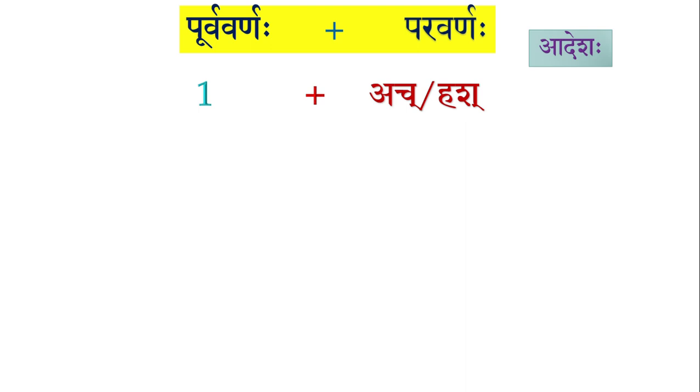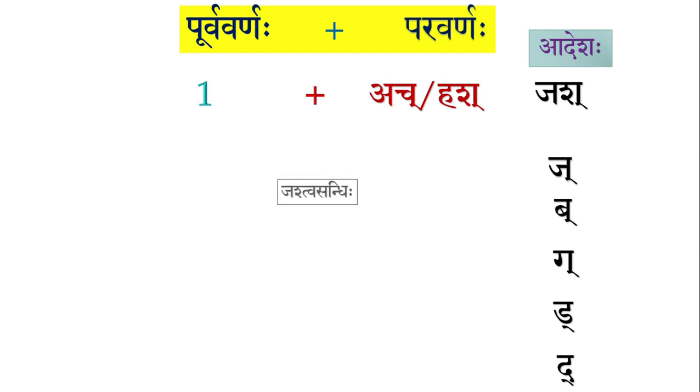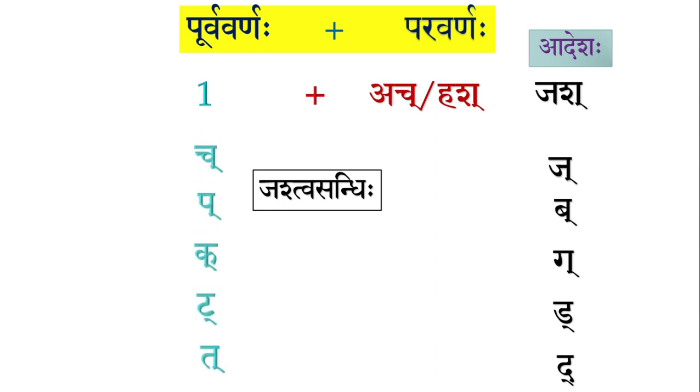What do we understand by Hashvarnaha? It refers to all the Mrudu Vyanjanani. When we come across such cases, then Jash becomes the Adeshaha, which refers to all the letters Ja, Ba, Ga, Da and Da. This type of Sandhi is called Jashtva Sandhi.